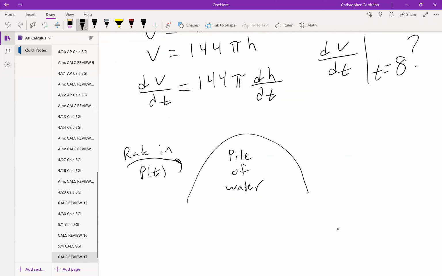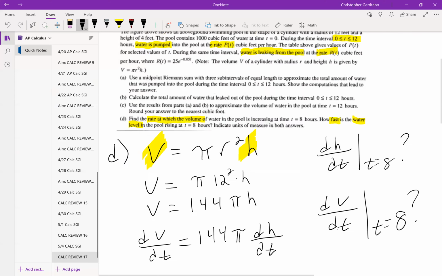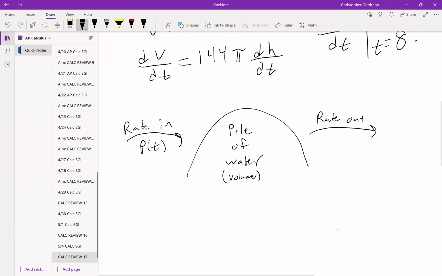So if we ignore rate out for a moment, the longer time goes on, since there's some rate of water going into the pile of water, and this can be thought of as the volume of water, this pile would increase in size if we just were pumping water in, right? But of course, that's not the case. There's a rate out, which we are calling R of t.